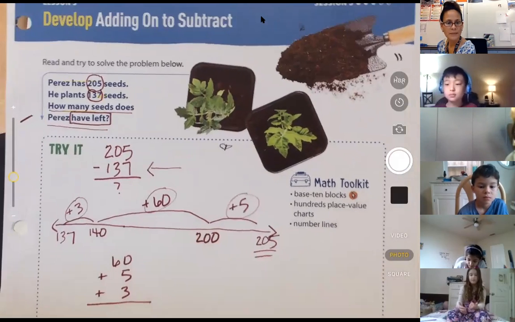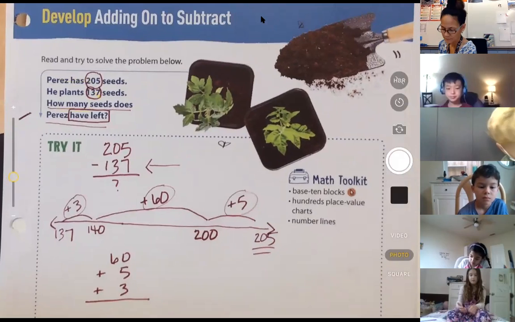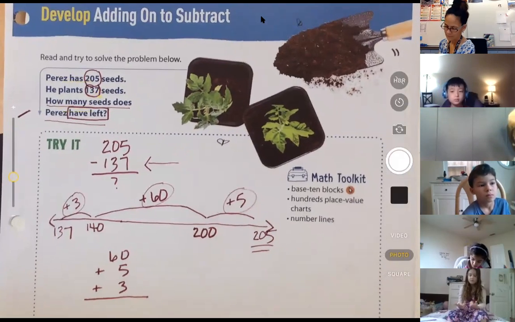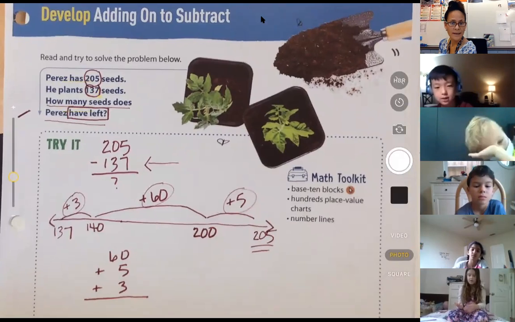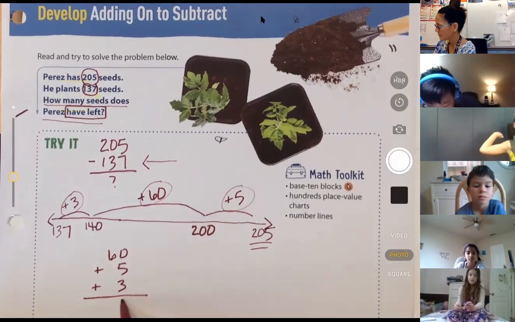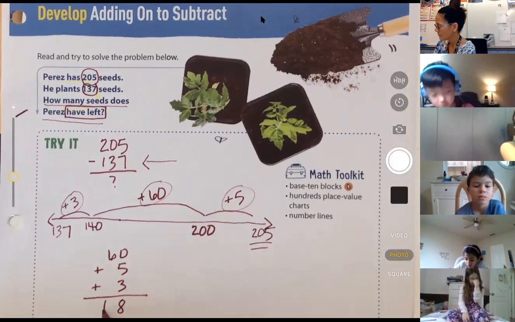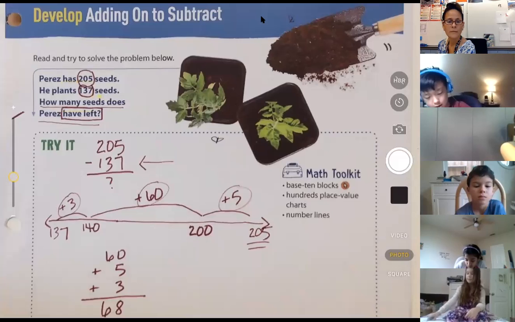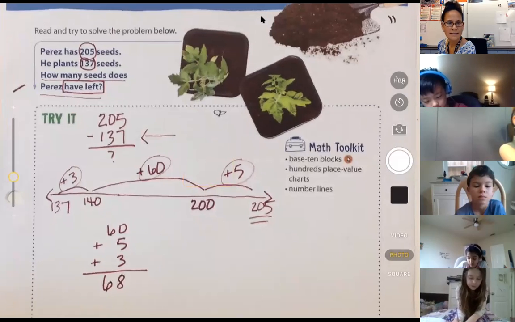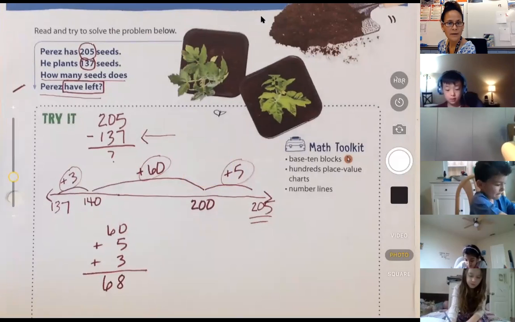I'm simply making an addition problem now. Now I just need to add it up. And when I add it up, I get a sum of 68.